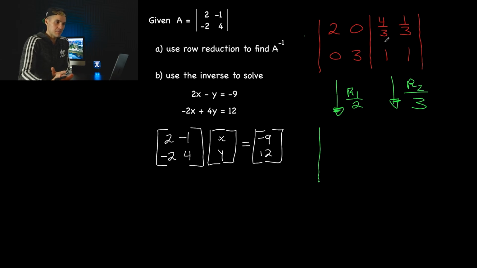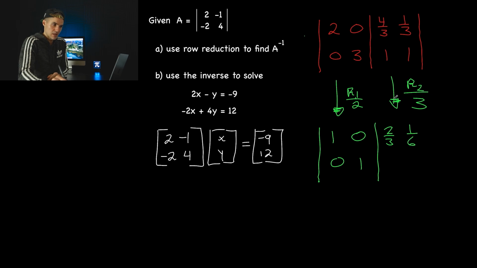Okay, so again, as I mentioned, different ways to do it, but whichever way you would have done it, you should end up with the inverse here. 4 over 3 divided by 2 is what? 2 over 3, 1 over 6, and then 1 divided by 3 is 1 over 3, and then 1 over 3, like that.